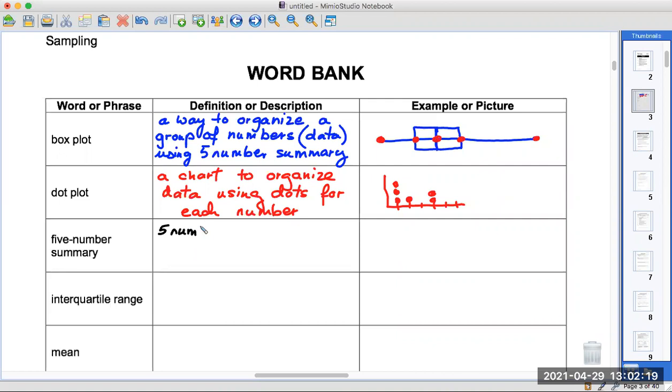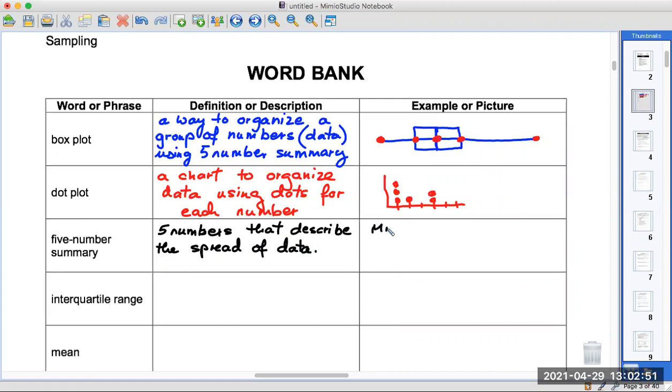They're not always kind of in the same range. So here are the 5 numbers.